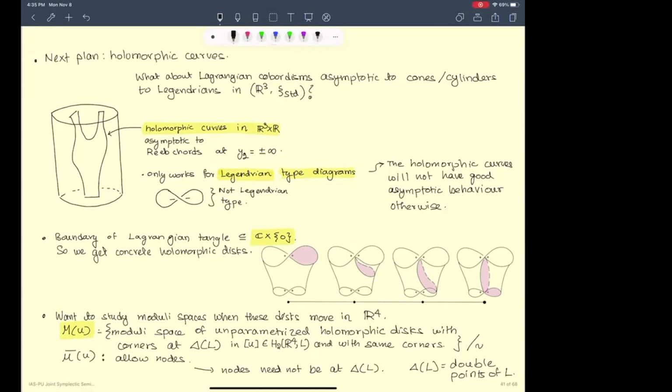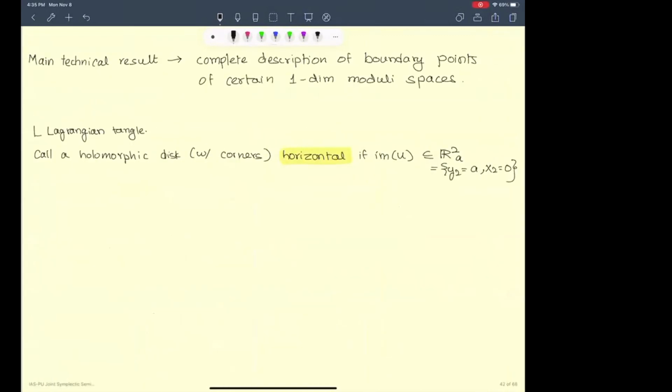We'll get there. Okay. So this is work in my thesis. I should have said that before. So then I come up with a complete description, or maybe complete enough for me to get those obstructions.